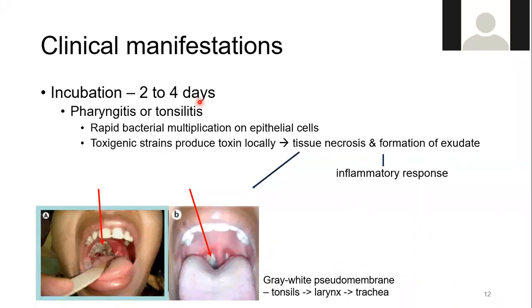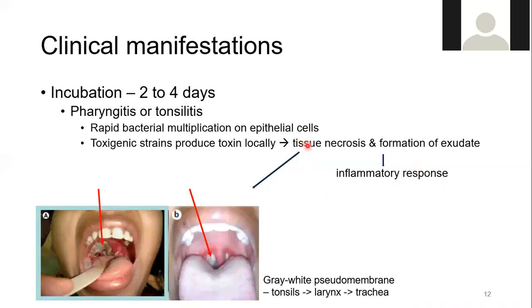If the particular strain is non-toxigenic, it probably does not go beyond that. But for those that produce the diphtheria toxin, they then produce the toxin locally within the pharynx and the tonsils. And that results in necrosis of the tissues and formation of exudate, which causes an inflammatory response.